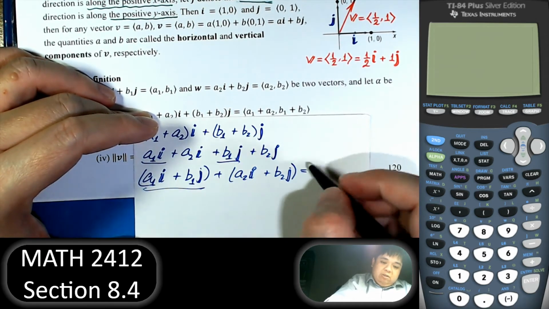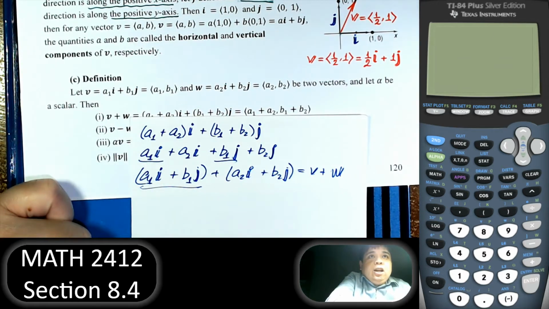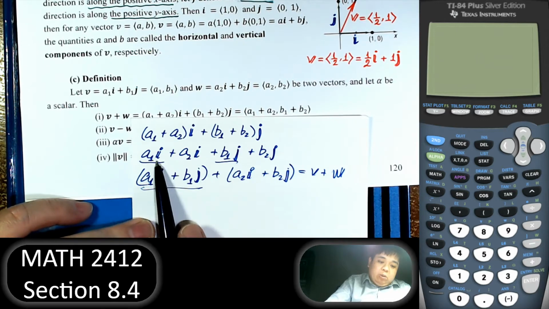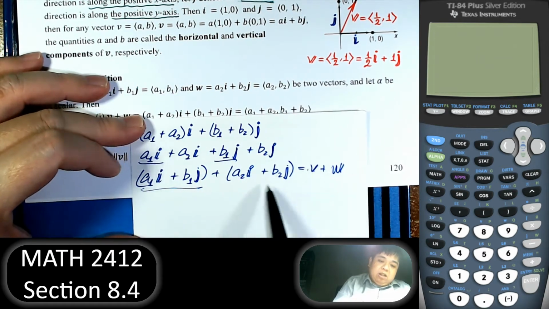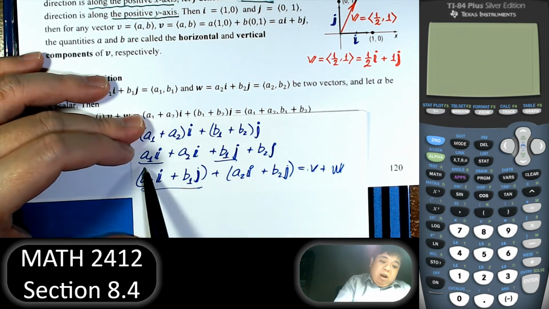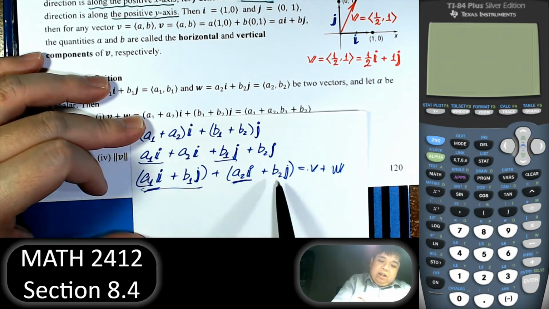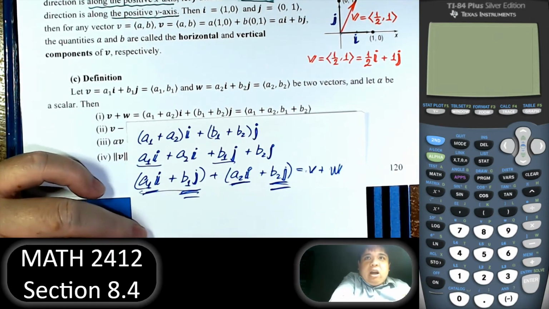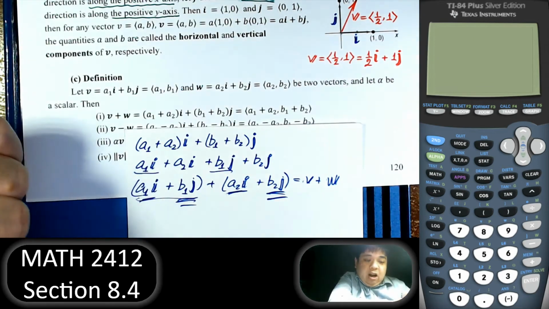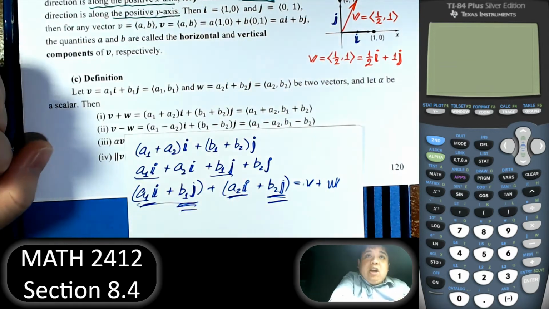Of course, that is vector v, and the other one is vector w. Right. Of course, we can work backward, and we just combine like terms, and that's what we have here. v plus w is this, and then combine like terms. Those two have i put together, and those have j put together. So either we combine like terms with i as the common factor, or we can just write in terms of the angular bracket.